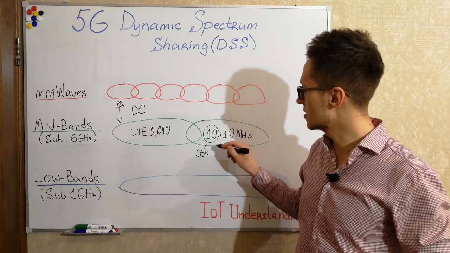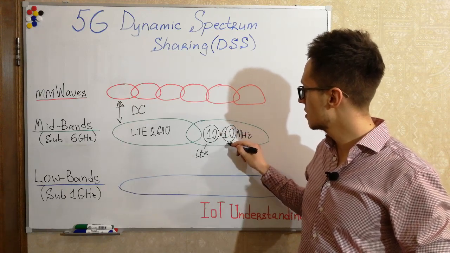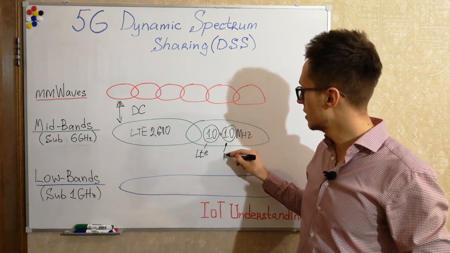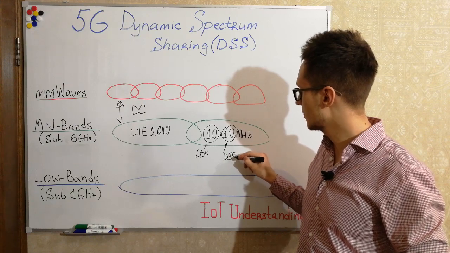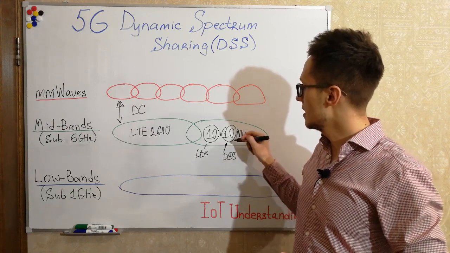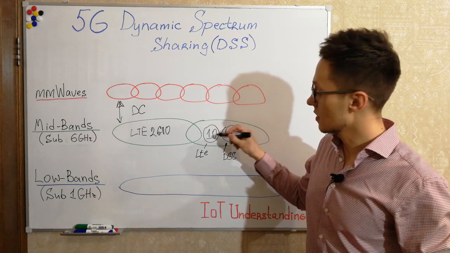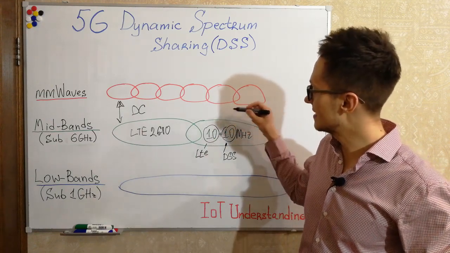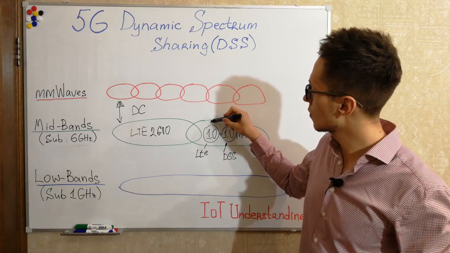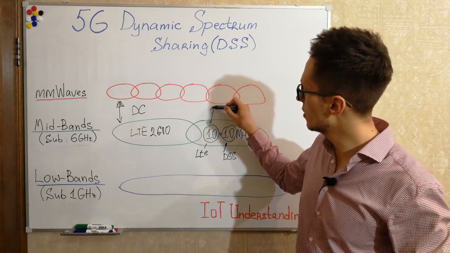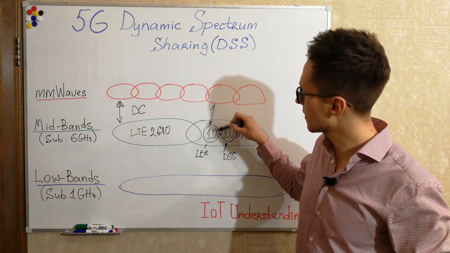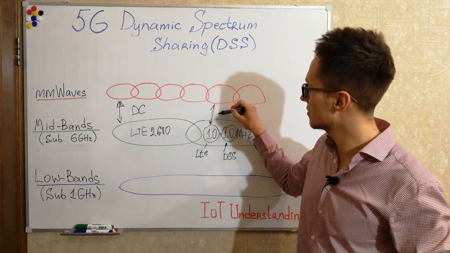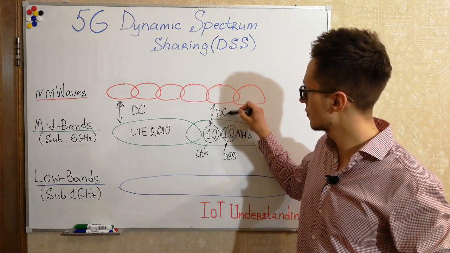It may remain as LTE, and here we can deploy DSS. Of course, it is still possible to use dual connectivity, but only with that anchor cell.